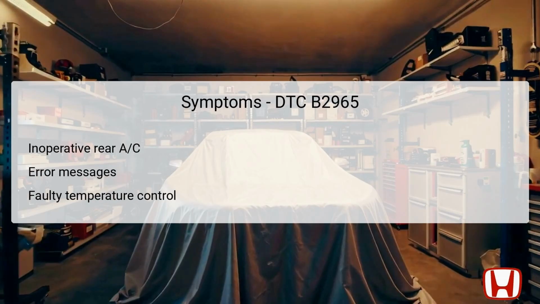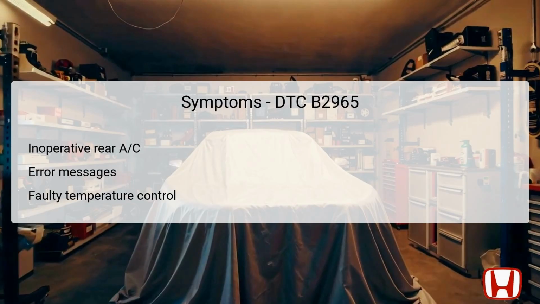Symptoms related to the DTC B2965 will primarily affect the rear AC system's operation. One common sign is the rear AC becoming completely inoperative. The control unit may not respond to any inputs. Additionally, the vehicle's display may show error messages indicating a communication issue.